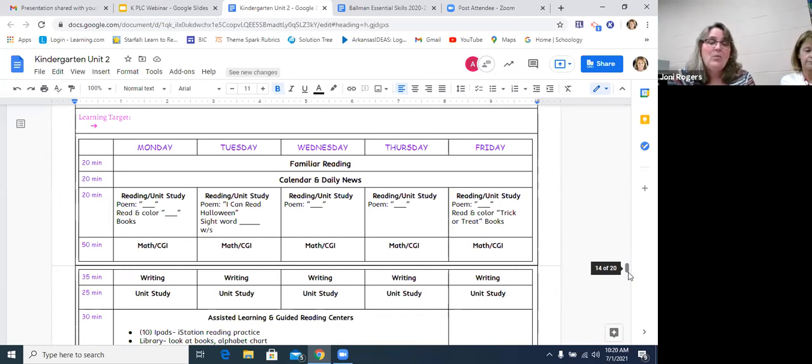We decide how many weeks we want to spend on each one of them. Sometimes it changes, especially at the end of the year, when we start thinking, okay, we need to rework this unit. It didn't work very well there. Let's move it a couple of weeks later because the kids need more writing skills, or they need a different strand. Everything depends on the kiddos that you have.